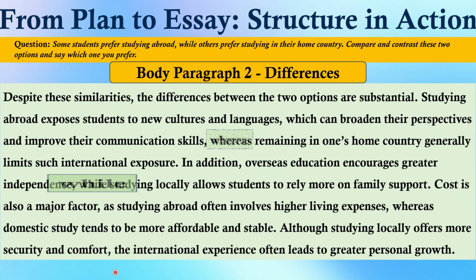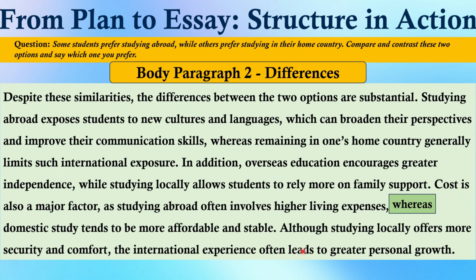Then, overseas education encourages greater independence, while studying locally allows students to rely more on family support. Again, direct comparison inside one sentence. And when discussing cost, studying abroad often involves higher living expenses, whereas domestic study tends to be more affordable and stable.